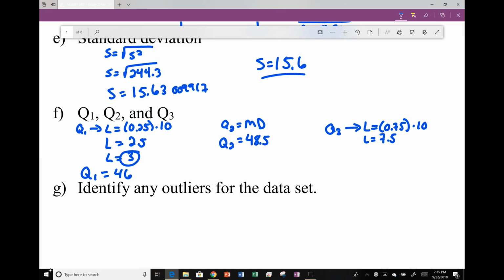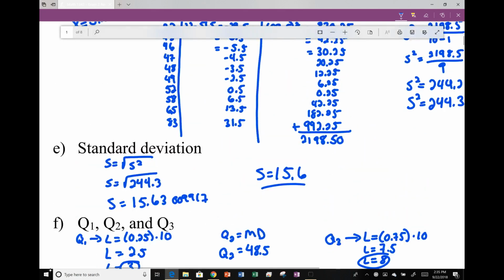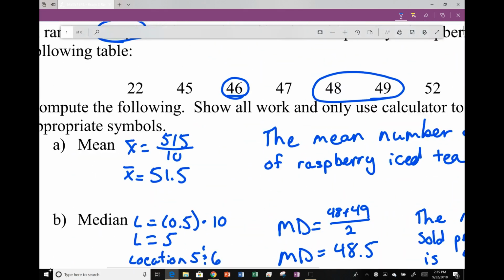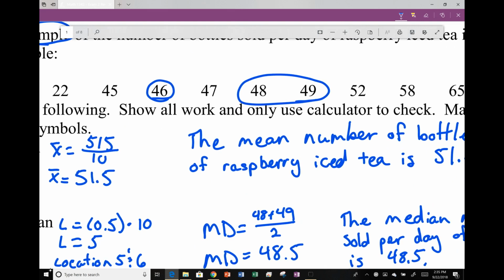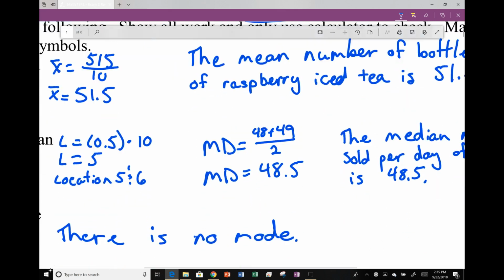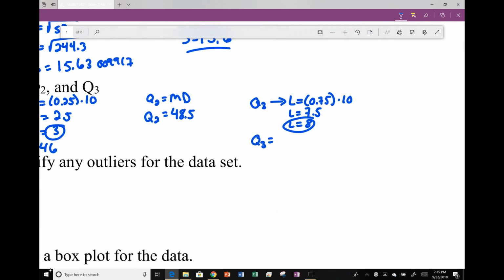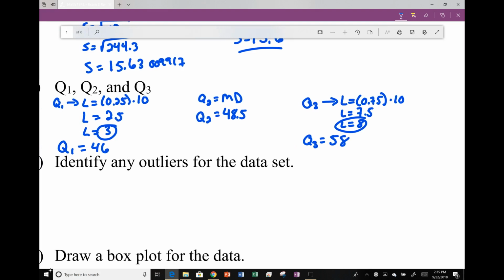Well, since I don't have a 7.5 location, I'm going to look at the 8th location. So Q3, if I scroll back up, position 1, 2, 3, 4, 5, 6, 7, 8. So our Q3 is 58. So that's going to be 58. So recall again that Q2 is just our median. So if we found our median in part B, it's the same here as well.